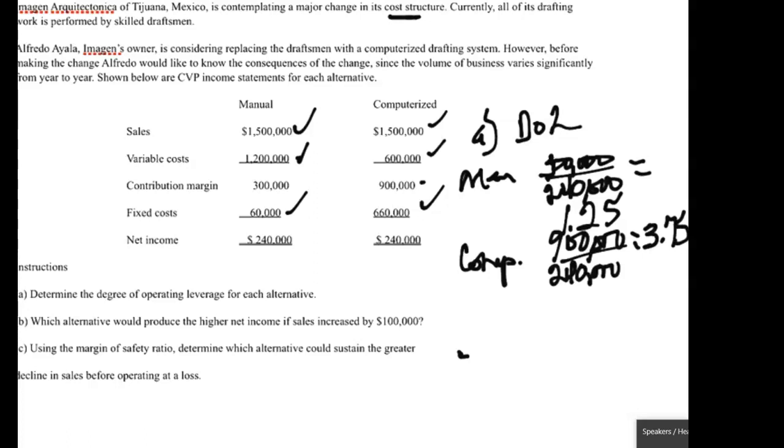So the computerized system will produce profits that are almost 3 times higher than the manual system. With a $1,000 increase in sales, net income will increase 20,000 under the manual system, but 60,000 under the computerized system. And in the next case, we're going to show that.